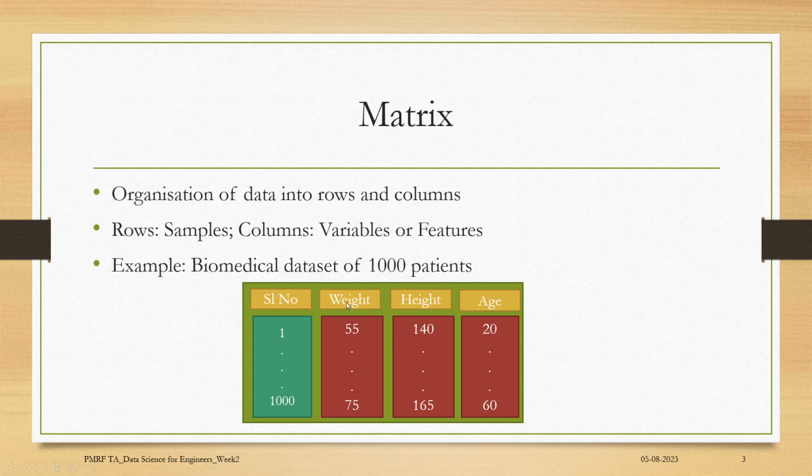So the columns represent the variables or features, for example weight, height, and age, and the rows represent the samples taken for each of these different values. This is an example of a data set collected, and it is in the form of tabular data. There are different forms of data, which you will see later in the advanced stage of data science.